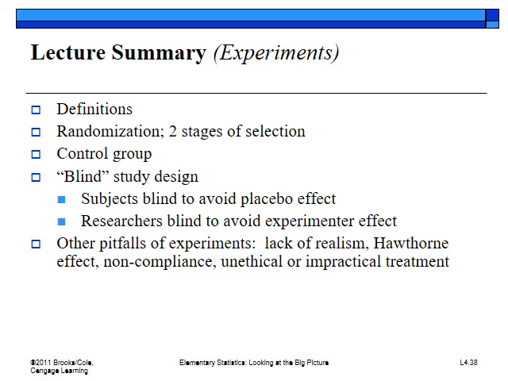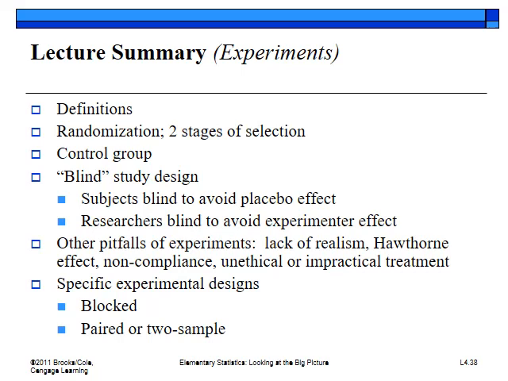We talked about some other problems that one could run into with experiments: lack of realism, the Hawthorne effect, non-compliance, and unethical or impractical treatment. Then we looked at some specific experimental designs, like a blocked design and a paired or two-sample design.